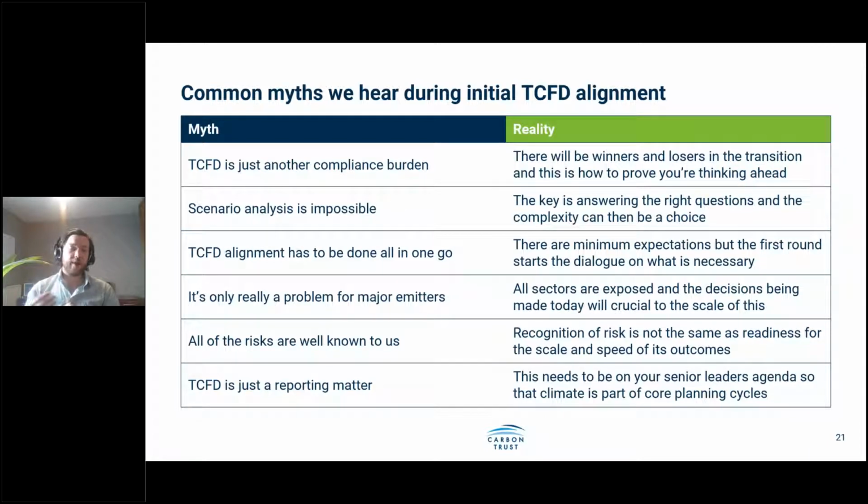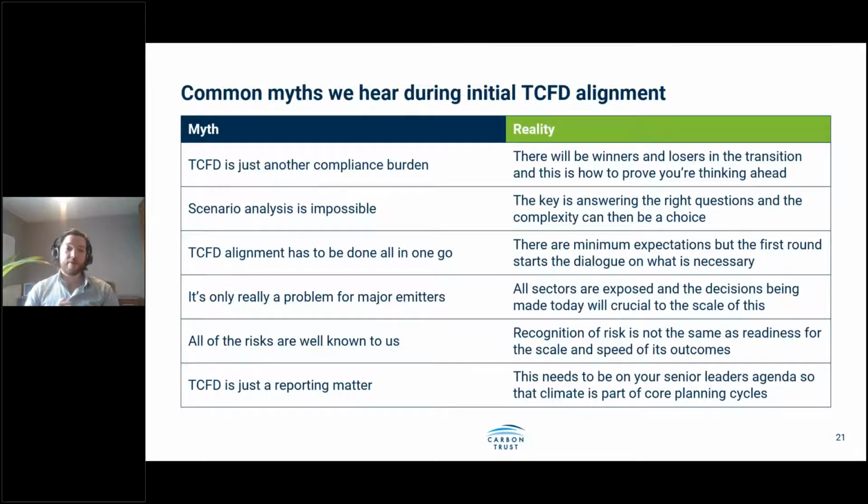I think also, when we talk about climate change, many may be reflecting on this right now, many of the risks are well known already. There's a lot of information out there on climate change, and therefore people recognize a lot of the risks that they face. And I think what we'd say is that recognition is not the same as readiness when it comes to these risks.